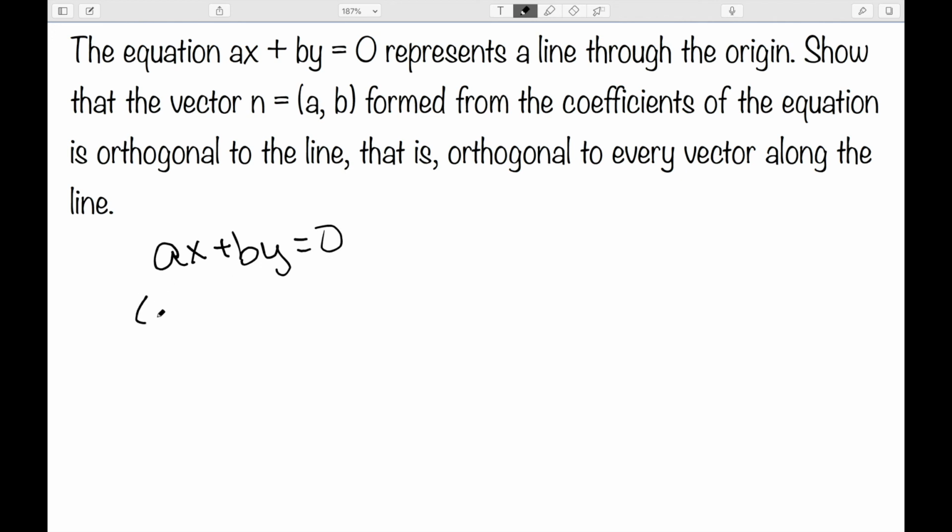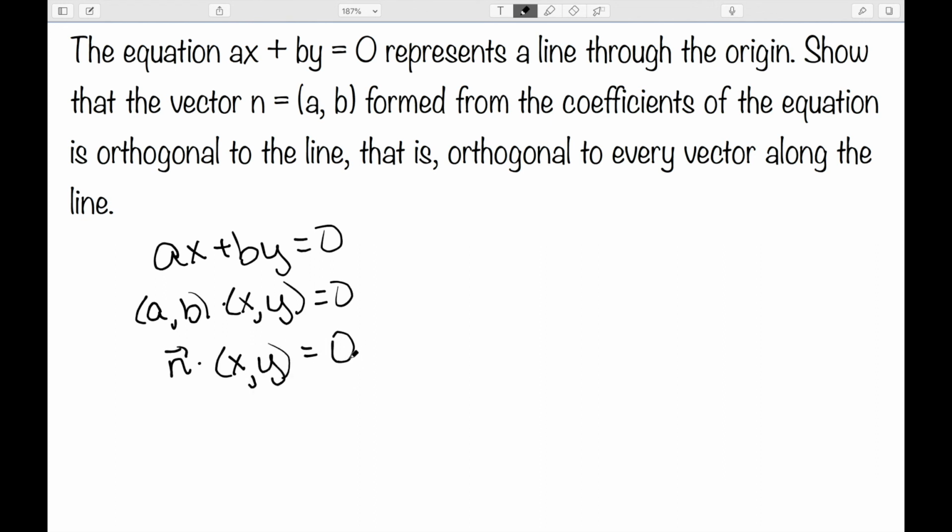And ax plus by can also be written as a comma b dot x comma y. Well, that is the same thing as n dot x, y, which is exactly what I needed to show. So this shows that n is orthogonal to every vector x, y on this line. And this can be expanded for higher dimensions as well.